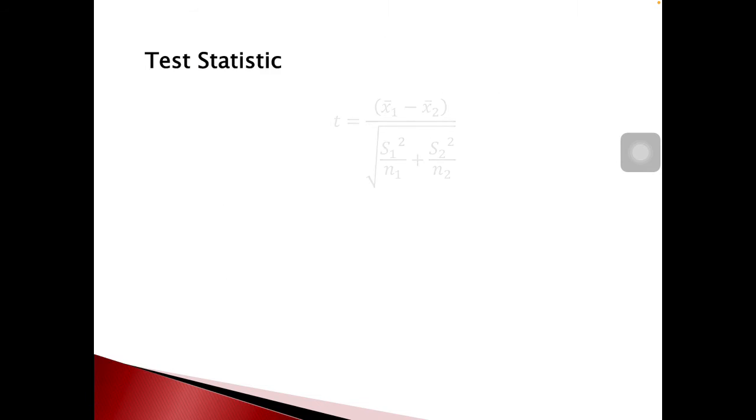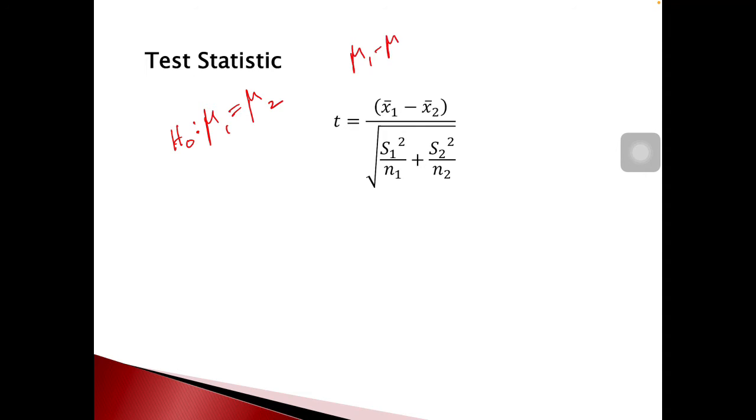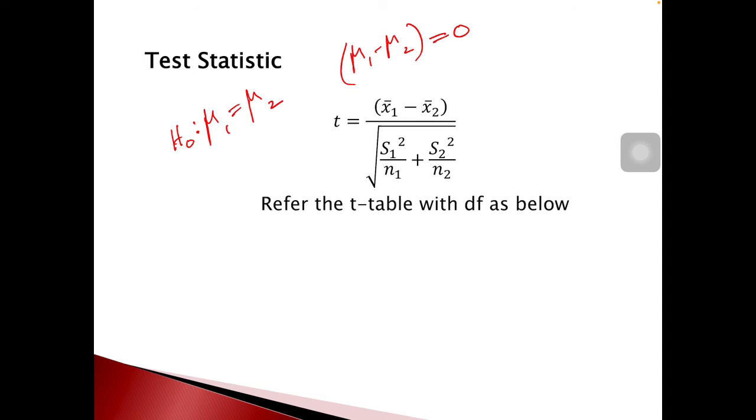Test statistic. Since our H naught says mu1 equals mu2, our mu1 minus mu2 term goes to 0. That is why here we do not have the mu1 minus mu2 term. So now our test statistic is x1 bar minus x2 bar divided by the square root of S1 squared divided by n1 plus S2 squared divided by n2.